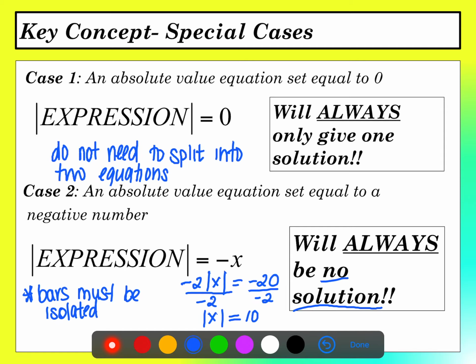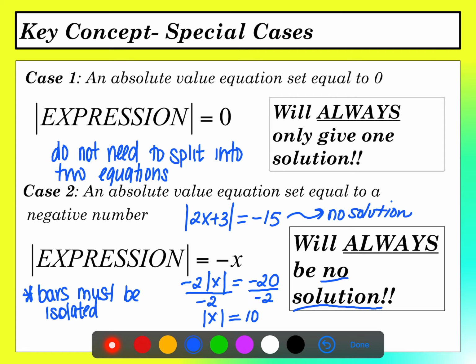Okay, so we don't want to make this decision for case number 2 until the bars are isolated. All right, but if you have something like absolute value of 2x plus 3 equals negative 15, that for sure is no solution.